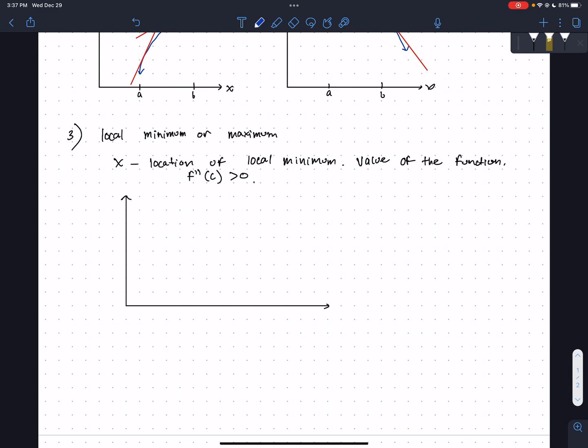If it's negative, we know we have a maximum, okay? So let's say we have a function, kind of like that, right? We know since it's greater than 0, we have a local minimum.